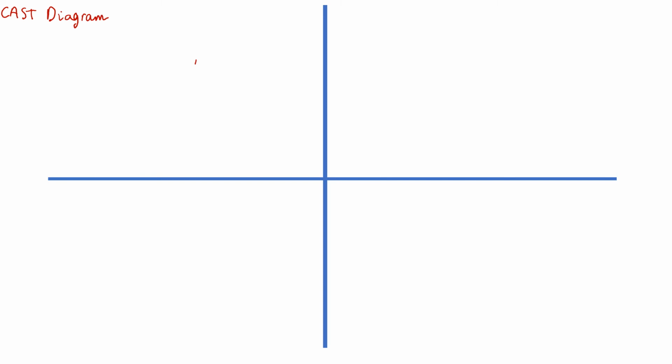We're working with 4 quadrants, and hopefully you can see 4 parts. We're going to work anti-clockwise. Often in maths we do work anti-clockwise. So here we're going to call this quadrant 1, this is quadrant 2, quadrant 3, and quadrant 4.